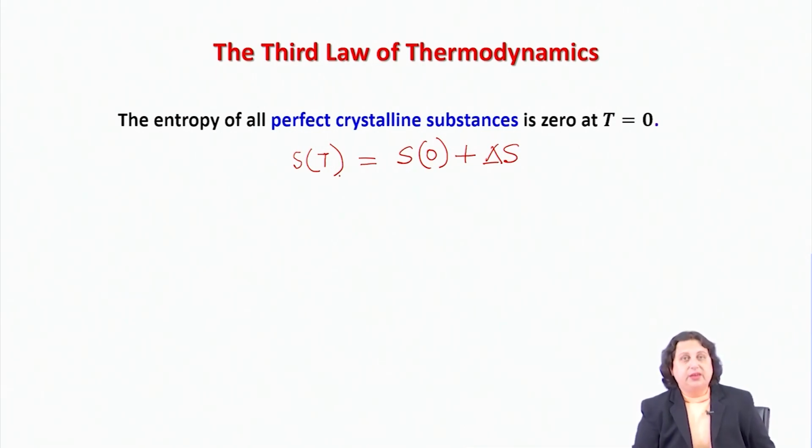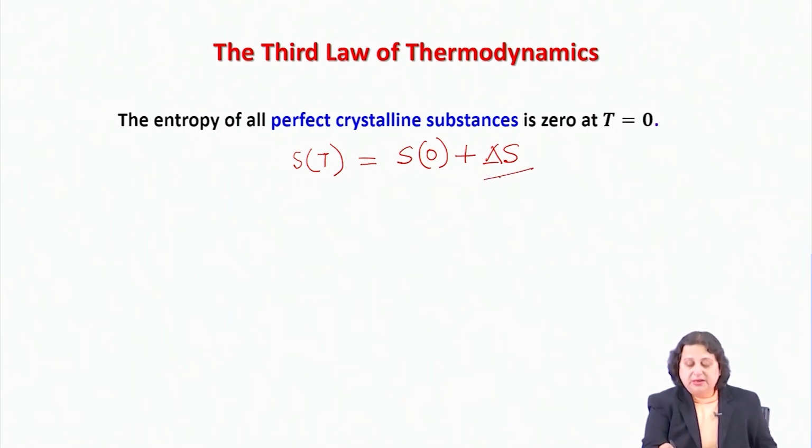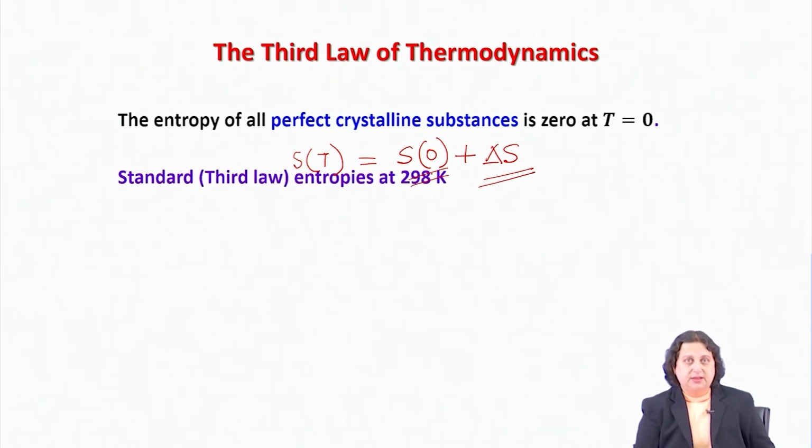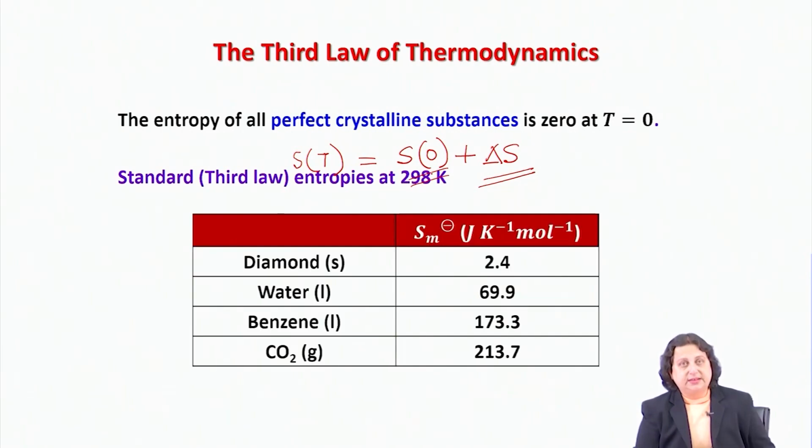So this is the way you can find the absolute value of entropy at any given temperature, where you have learned about delta S from the second law of thermodynamics and S at 0 from the third law of thermodynamics. Some of the third law entropies at standard state at 298 Kelvin are shown here.